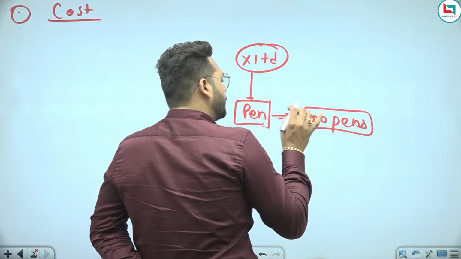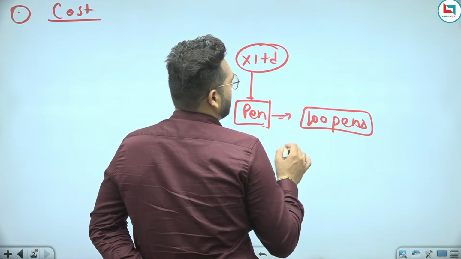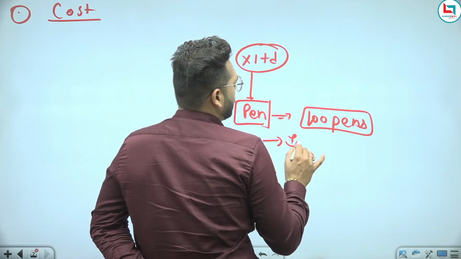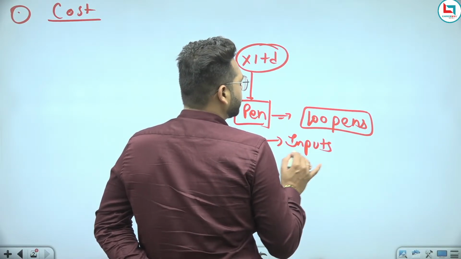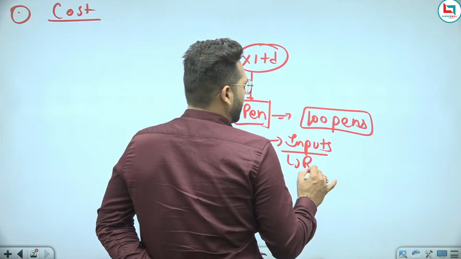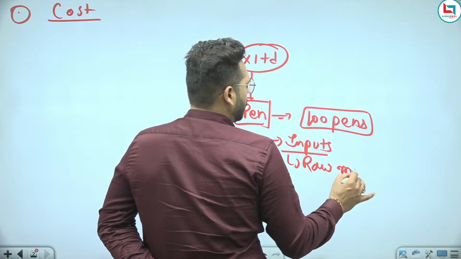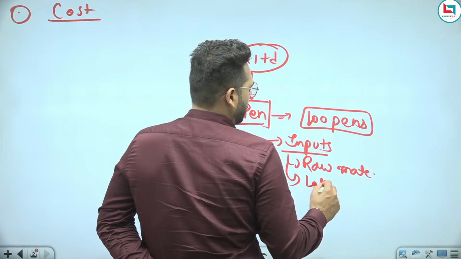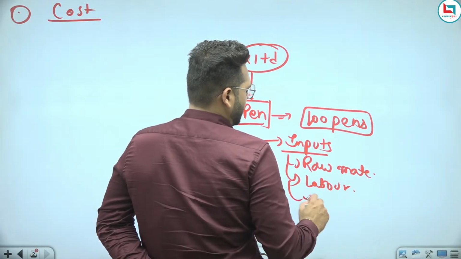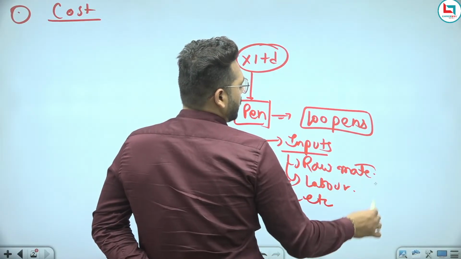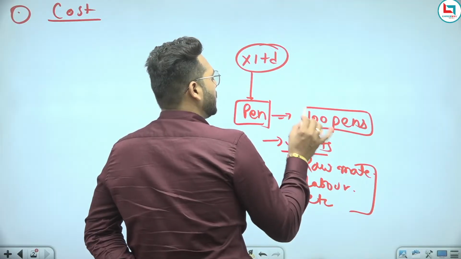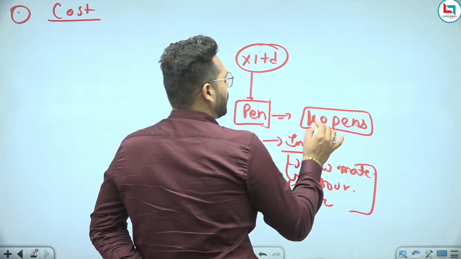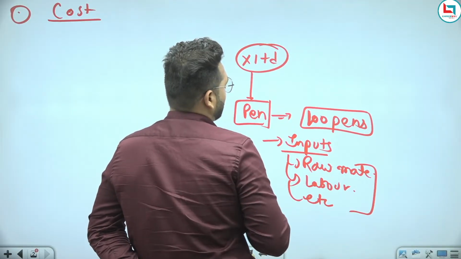For the production of 100 pens, he incurs many expenses on inputs like raw material, labor, etc. These inputs are converted into the output, that is pens.